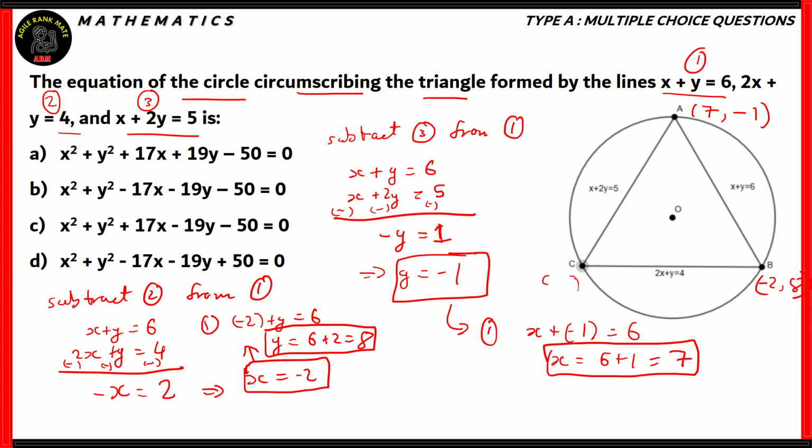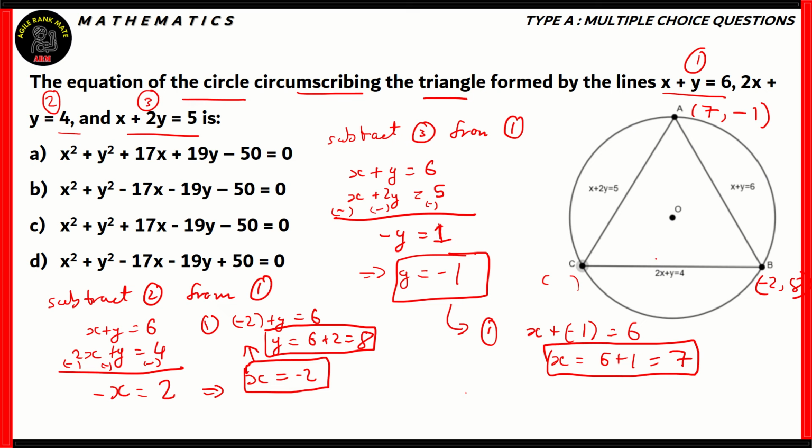Now, we need to find the coordinates of C. So how do we do that? Well, in order to find the coordinates of C, we need to use the lines AC and BC, which are x plus 2y equals 5 and 2x plus y equals 4 respectively. But as you can see, we have a problem.